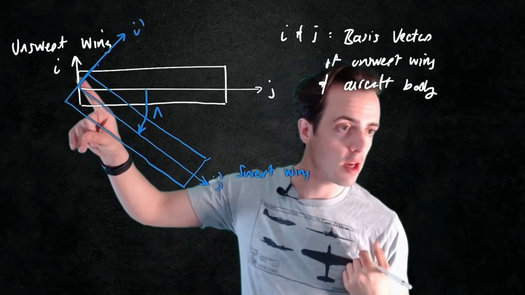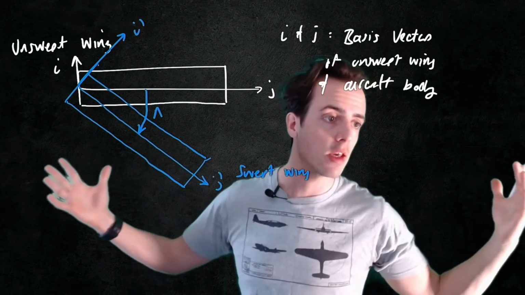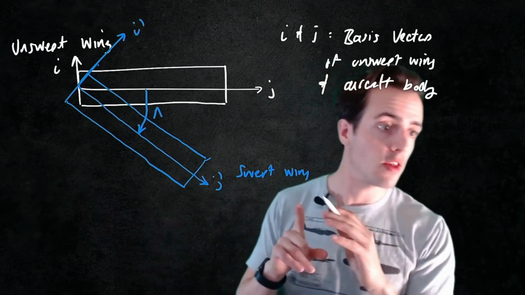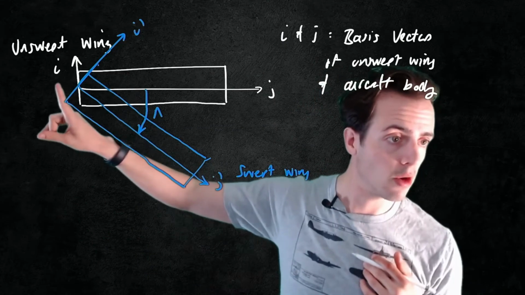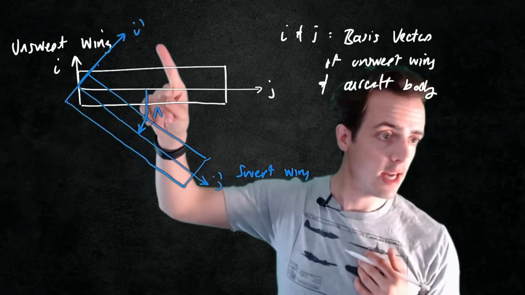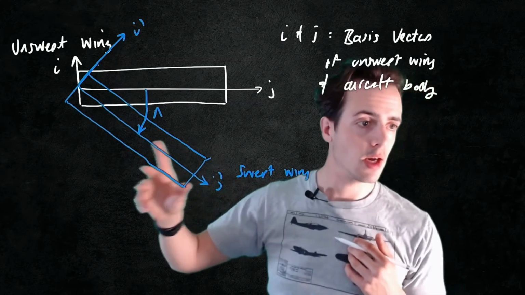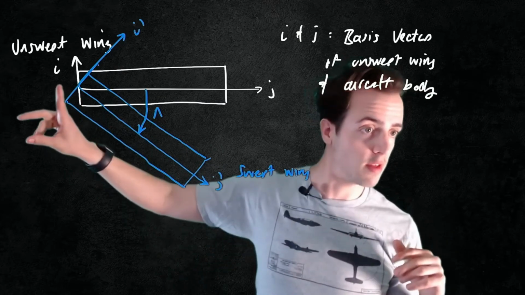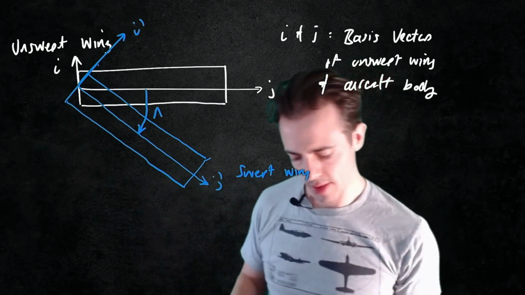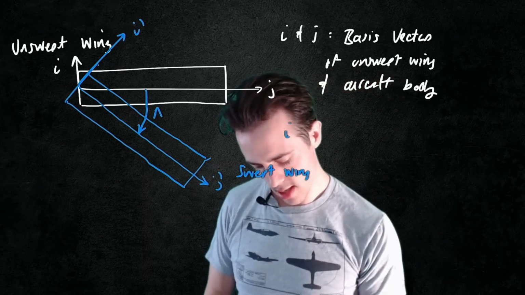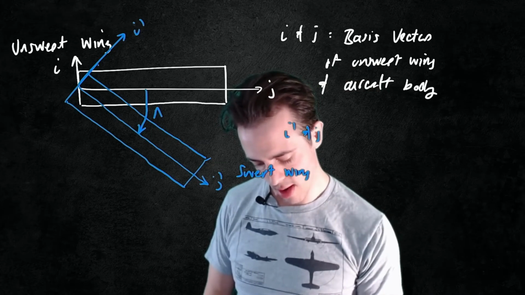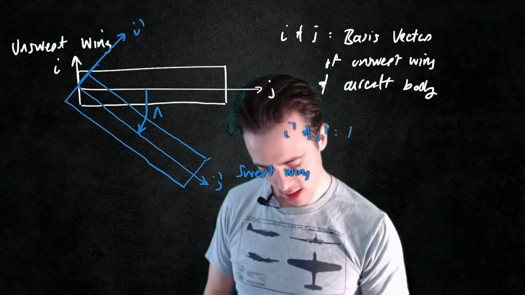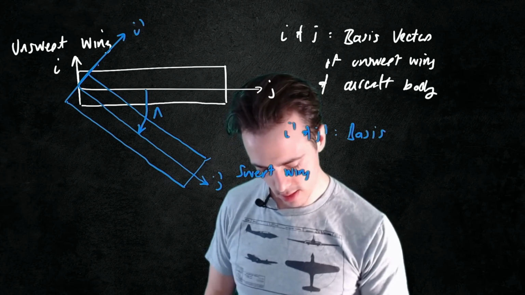So the free stream on both the unswept wing and the swept wing is always going to be along I, okay? Never going to be along I prime. And that's where we need to resolve the angle of attack. So we'll think about that in a moment. I prime and J prime, basis vectors of the swept wing.